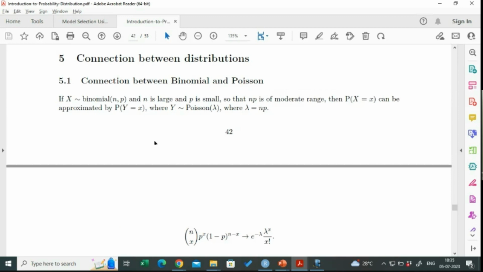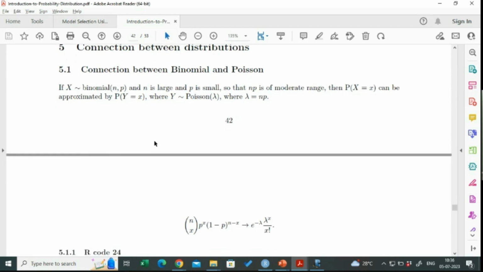And what we usually do is take a moment generating function approach or characteristic function and try to show that as n increases and p goes to 0 and np is of moderate range, which is lambda, the binomial moment generating function basically acts like a Poisson moment generating function. So these are very common questions for undergraduate statistics or postgraduate as well.